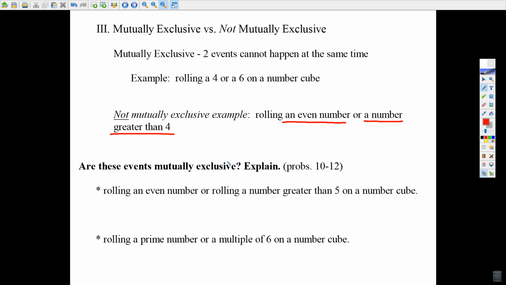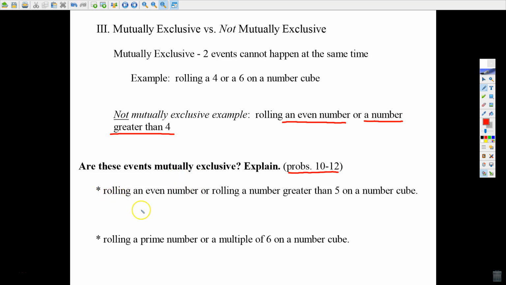Well, this is what it means to not be mutually exclusive, because that one roll, that one number can be described in both of these ways. Okay? So in problems 10 through 12, you're just going to be reading some scenarios, and it's going to be up to you to decide does this represent mutually exclusive events or not mutually exclusive events?